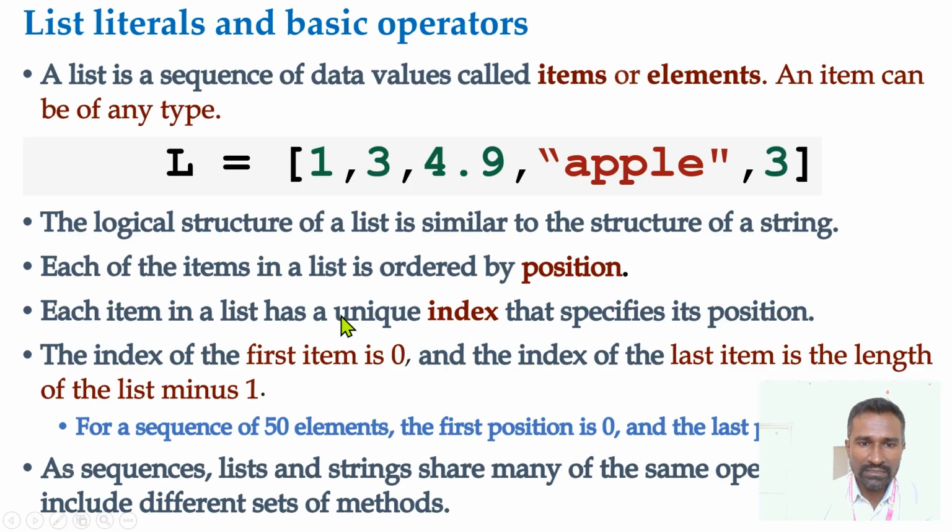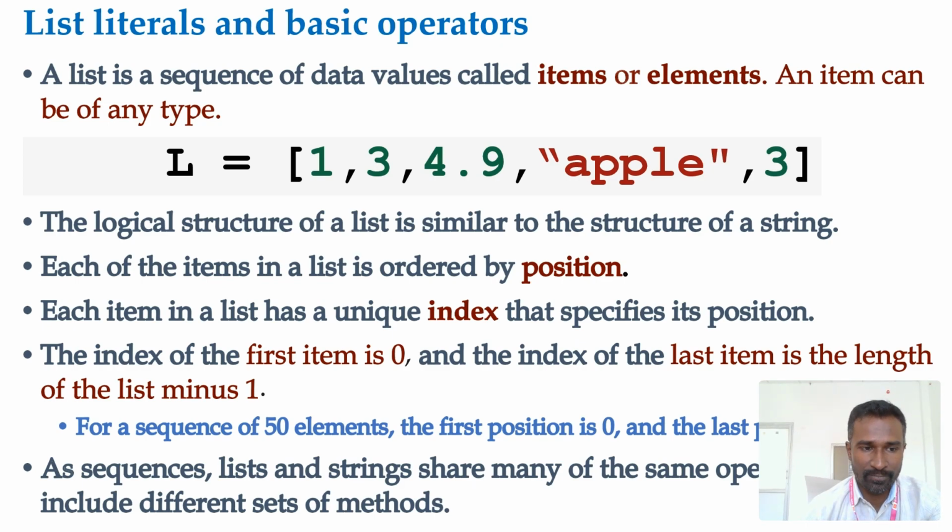Each item in a list is ordered by its position. The data 1 has a position, the data 3 has a position, 4.1 has a position. The position of each item is called the index. Each item has a unique index value.